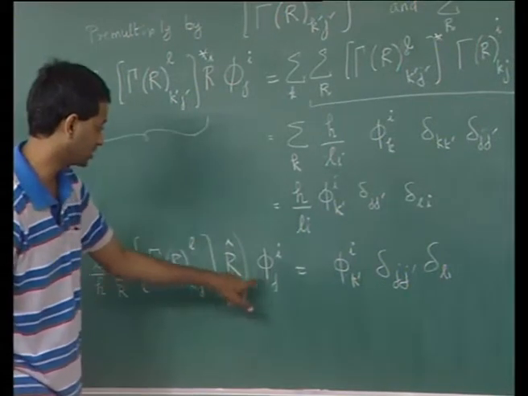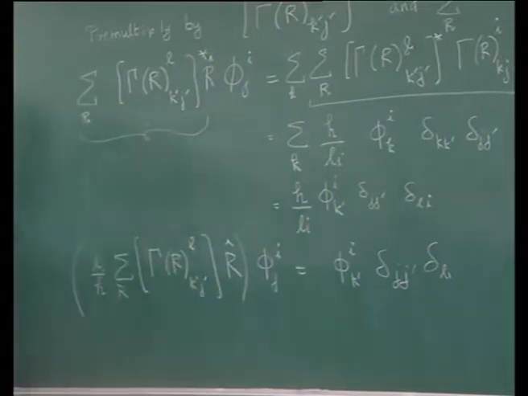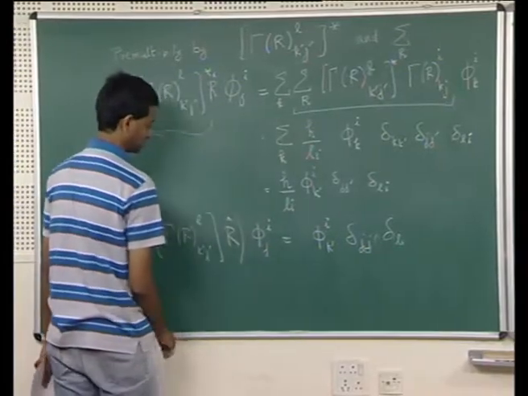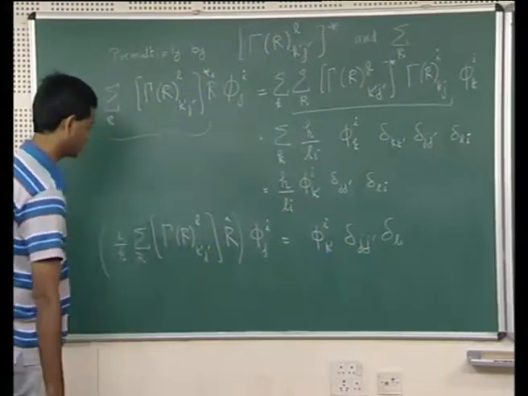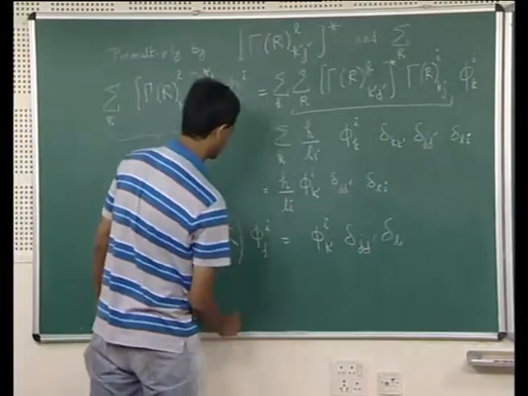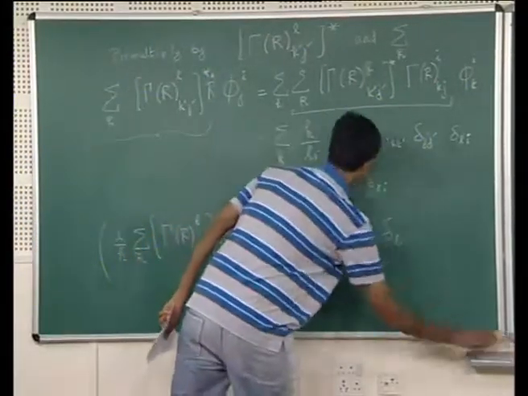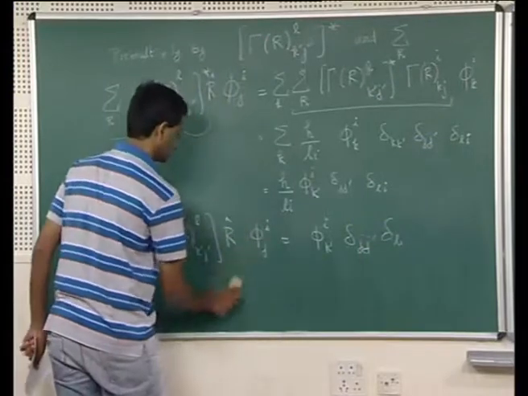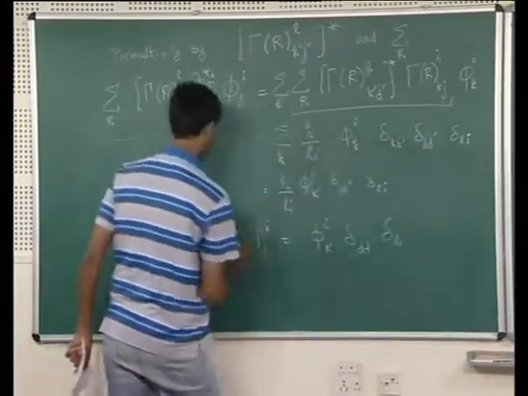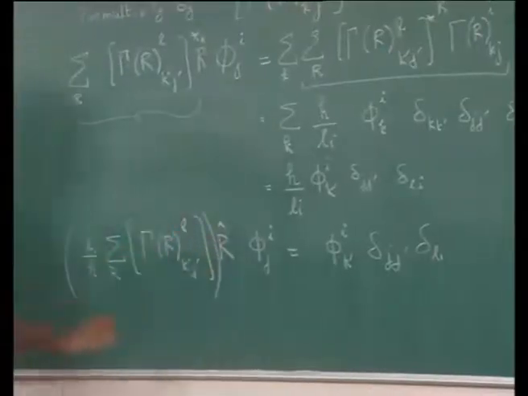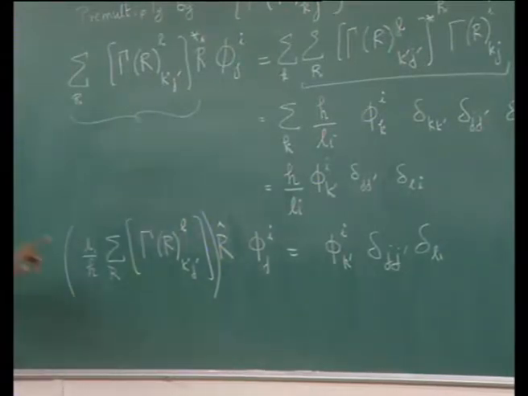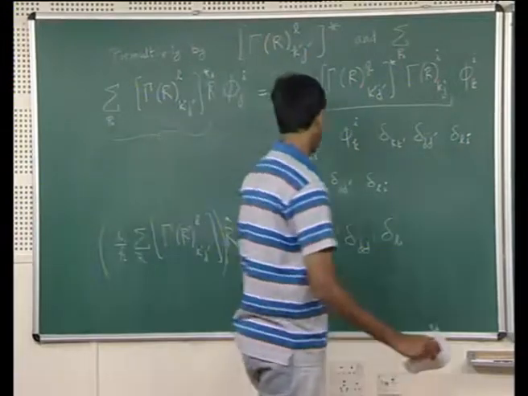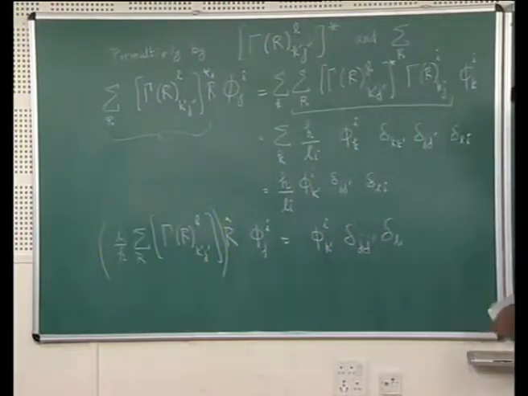This whole thing operating on phi j I. And now you can think of it in a slightly different way: you can have this thing operating on r phi I. And the right hand side gives phi k prime I delta j prime delta li.